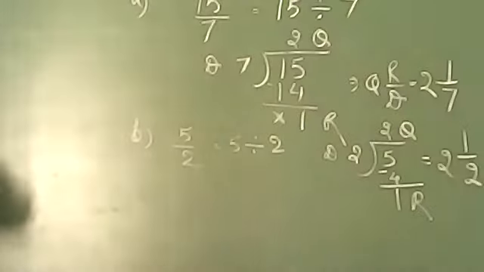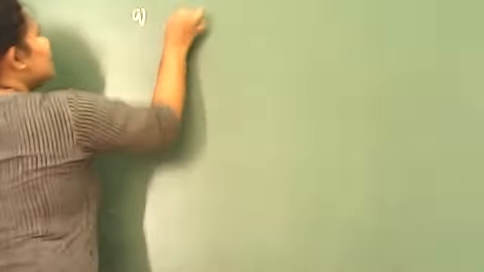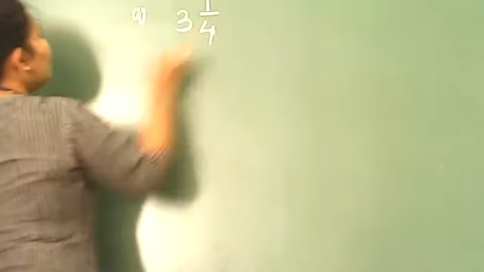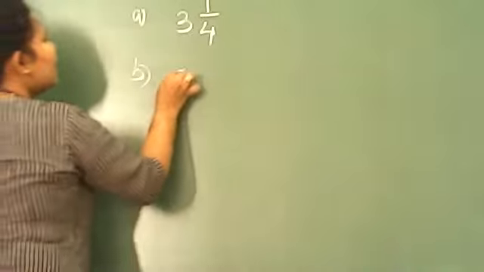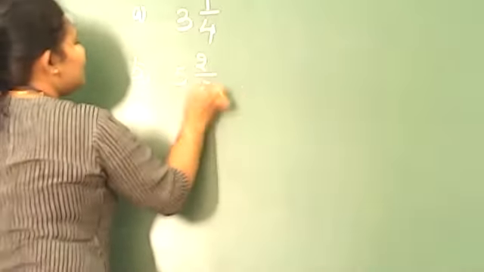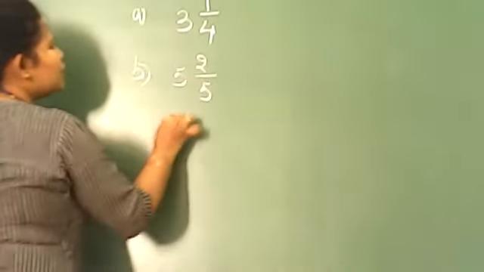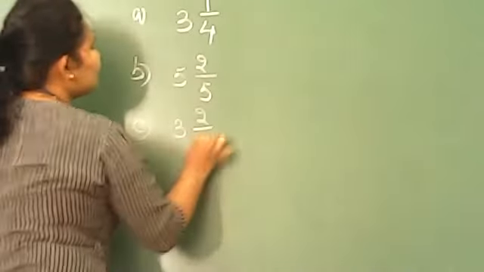Yes. Wait. Now move on to the last pattern of the question, that is how to convert mixed to improper this time. We have 3 whole 1 by 4, second one 5 whole 2 by 5, and third question 3 whole 2 by 7.